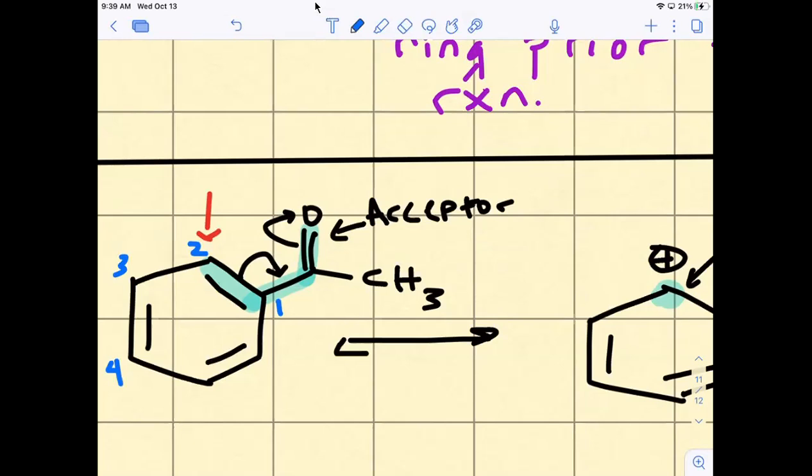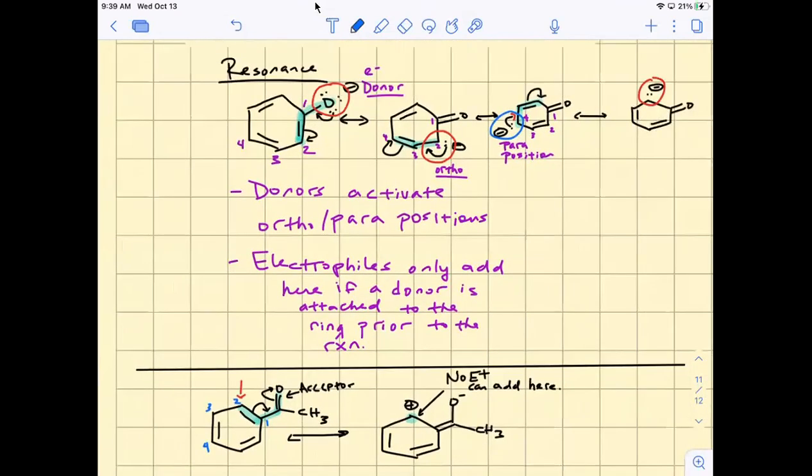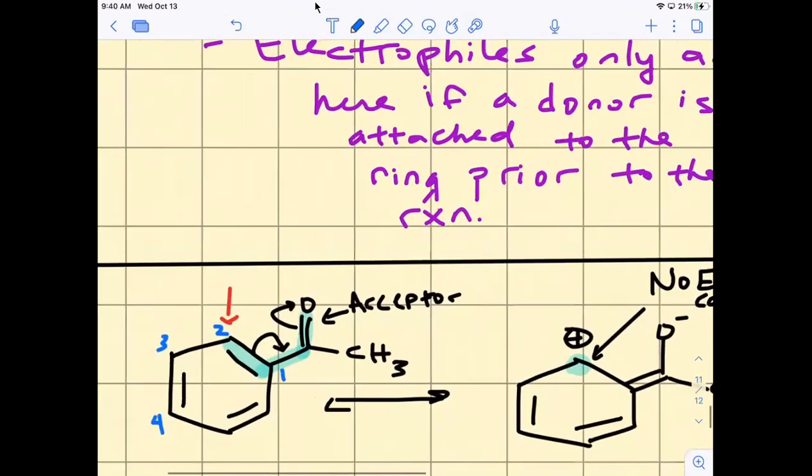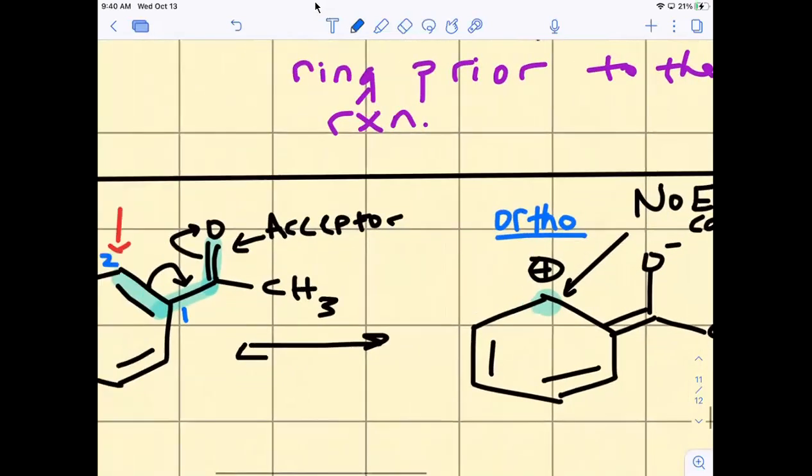So that second carbon, what do we call that up here? Ortho. It's the ortho site. Would you say that at the ortho site, there are no electrons with an acceptor on the ring?